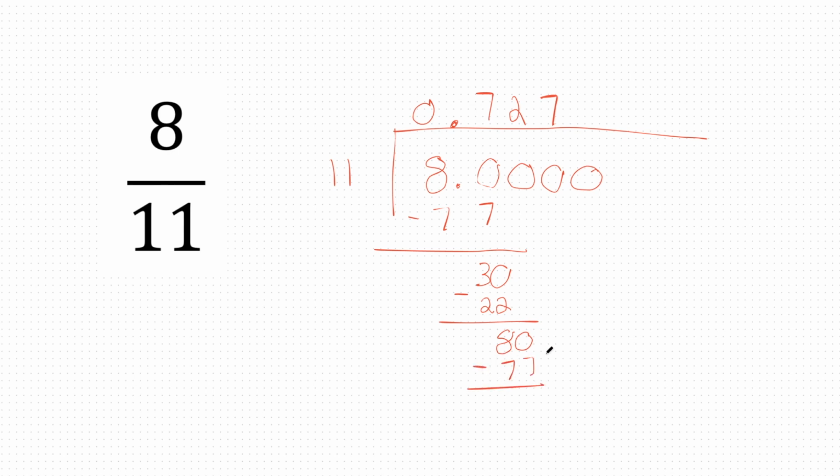Subtract that again, and we get 3. Bring down another 0, and 11 goes into 30 twice. 2 times 11 is 22, and we have an 8. Bring down a 0. Hopefully you're seeing that we have a pattern developing. It's the same thing happening again and again.